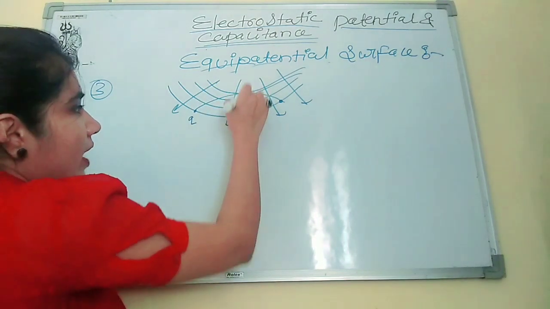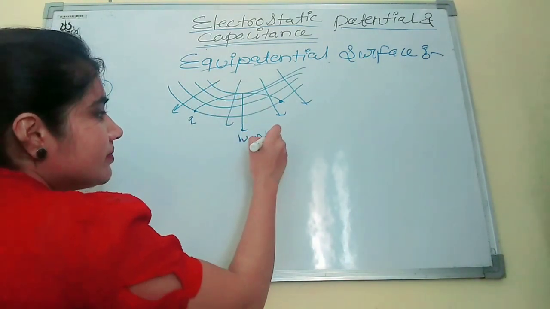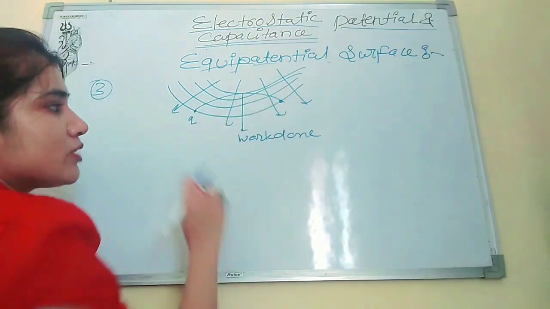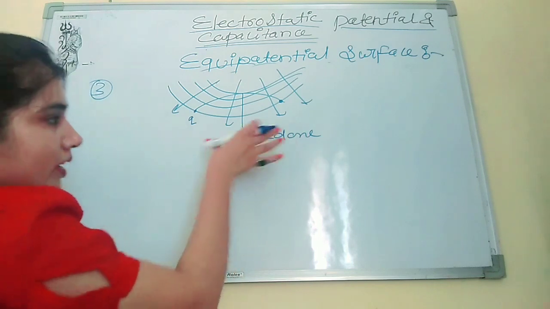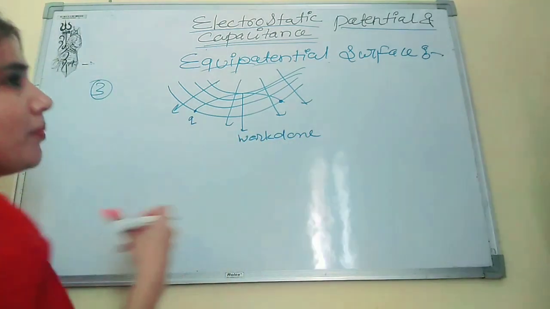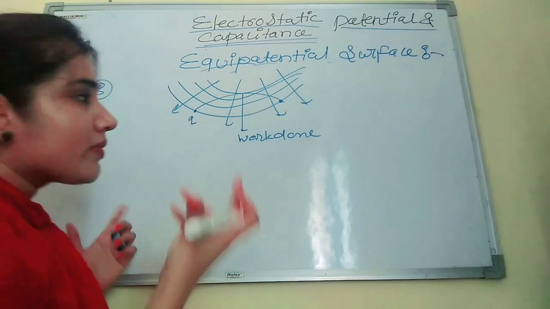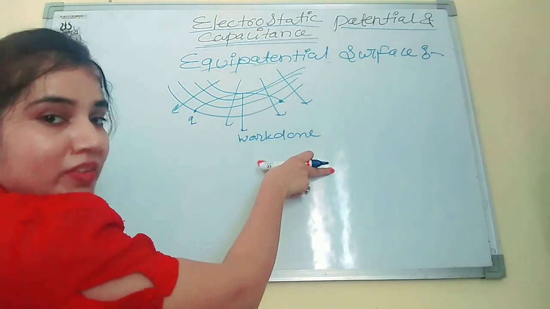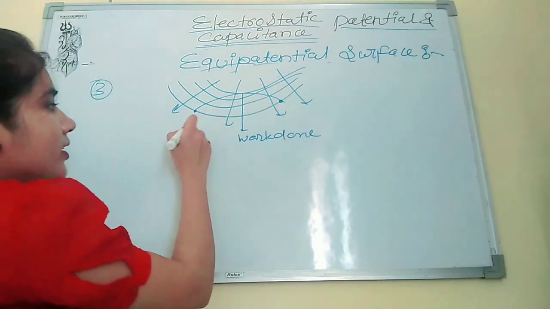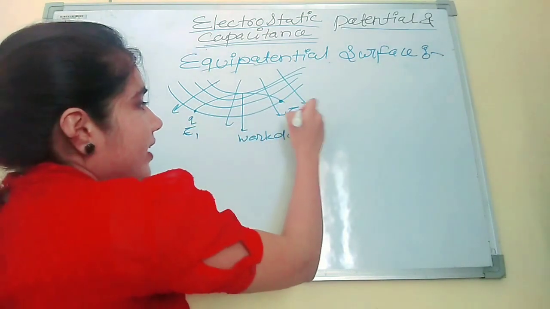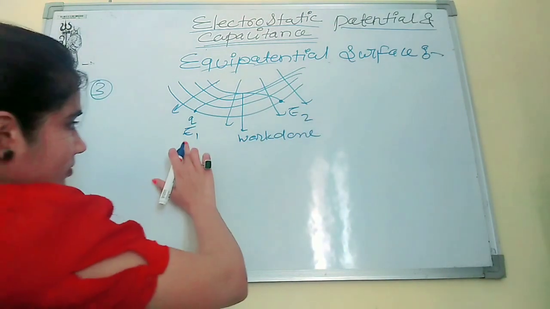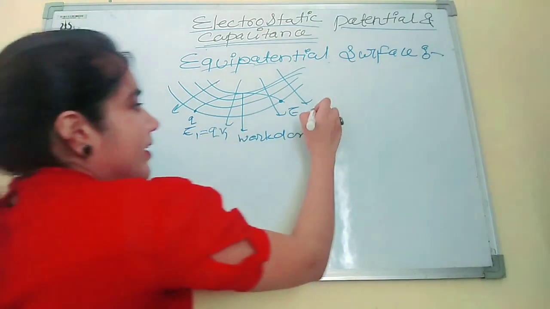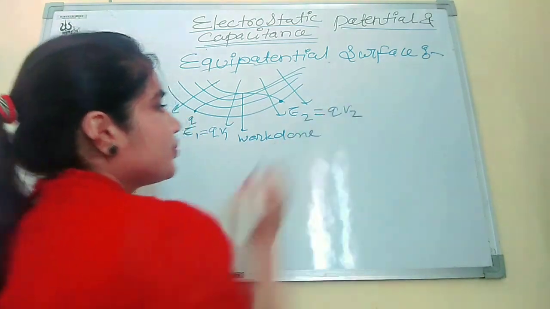So how will we find the work done here? If we are bringing this charge from this point to this point, we have done some work. We will find it by the work energy theorem, which says the work done will be equal to the difference of the energy. Here the energy is E1 and here the energy is E2. So the energy will be QV1 here and QV2 here.